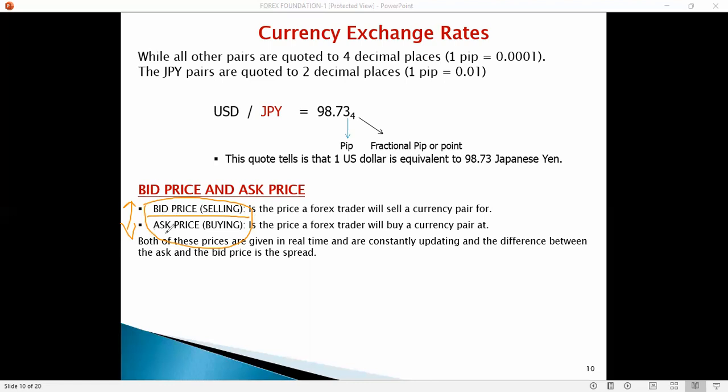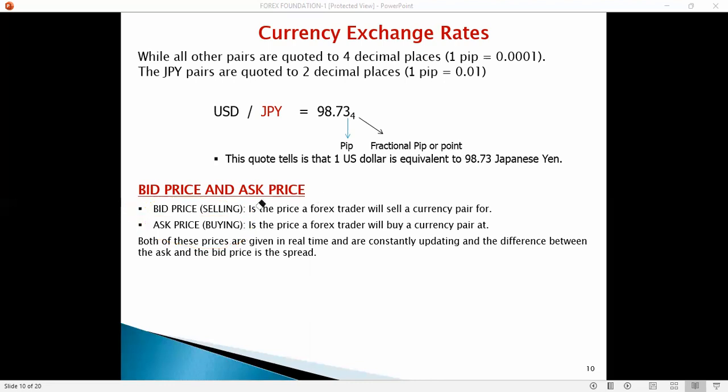I hope this is getting clear. So if you are buying from the market, you deal with the ask price, and if you are selling, you deal with the bid price. The market is the one presenting these two prices to you. I hope you understand this explanation very clearly.